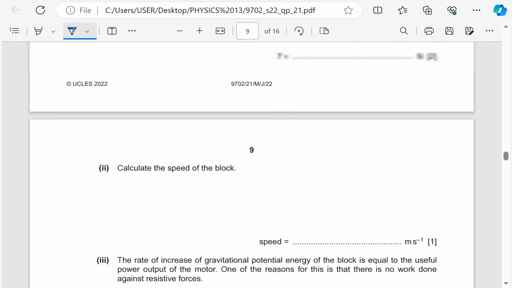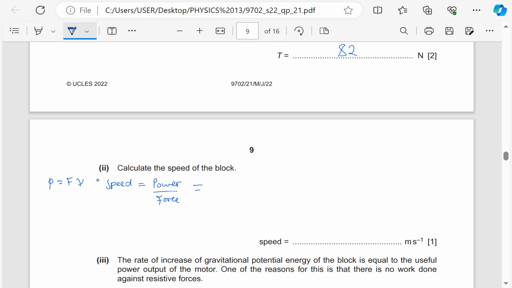Then calculate the speed of the block. Of course, we know that the speed is going to be got from power is equal to force times velocity. So the speed is going to be equal to the power divided by the force.